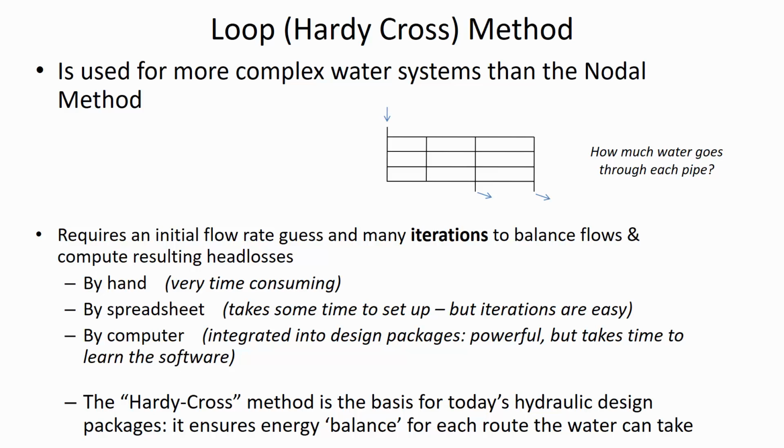But what those calculations are doing is balancing the energy to make sure that regardless of which route you take from the inlet to the outlet, whether some of the water is going this way, or some of it's going through the top, or some of it's meandering in between, we have to make sure that you have the same head loss, because it would be impossible for you to have a different amount of head loss, because then that would mean maybe you had 10 meters of head here and 8 there, but if you went through the other pipe, you had 9 meters of head there.